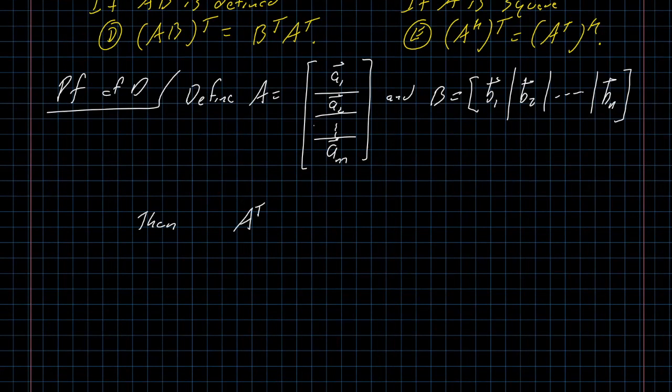So A transpose, instead of being made up of these m row vectors, will instead be made up of the same m vectors written as column vectors.